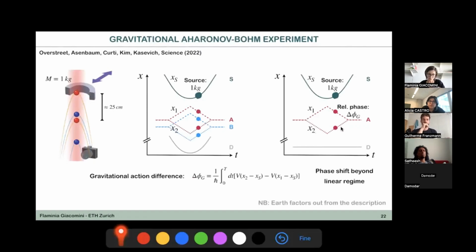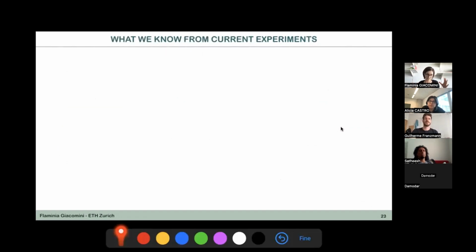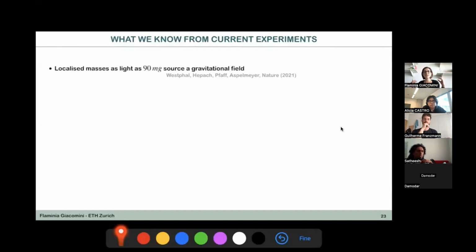And now what we wondered with them is, let's take everything that we know from current experiments. So what do we know? We know that localized masses as light as 90 milligrams source a gravitational field. So also the tungsten mass sources a gravitational field, they have measured it, but even masses that are smaller than that.